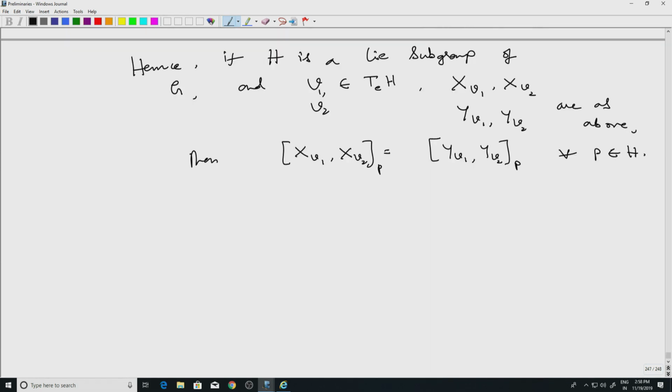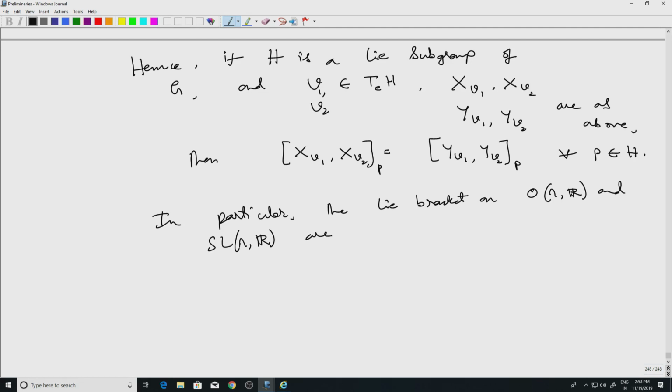So applying this, in particular the Lie bracket on O(n,R) and SL(n,R) are again given by the following.